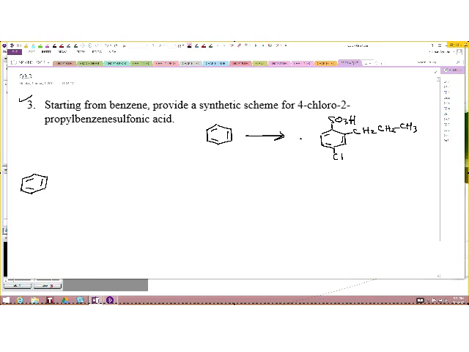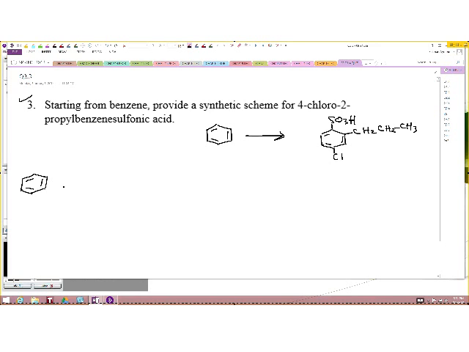So what synthetic approach are you going to use? What would be the first reaction, keeping in mind that you need to direct something to meta to this group right here? Acylation.